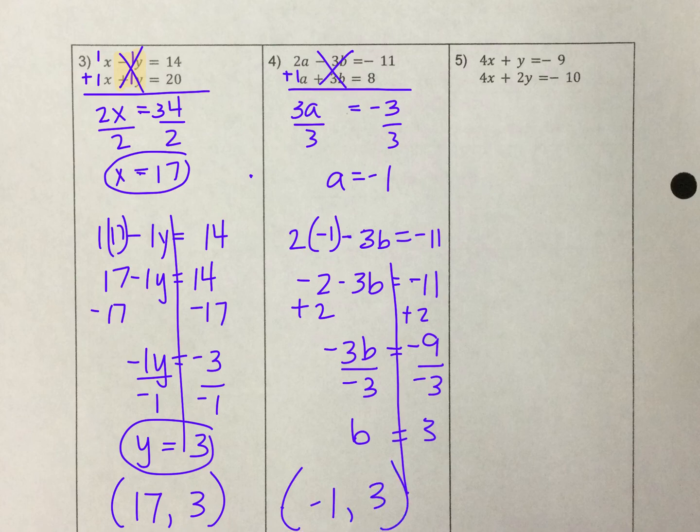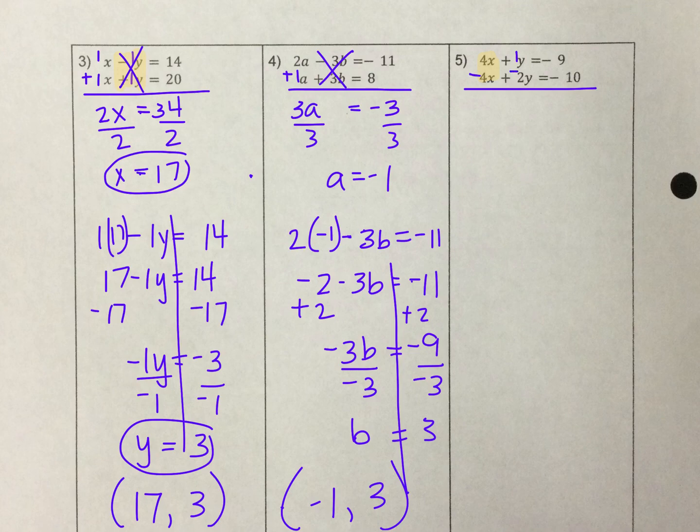All right, last one. Well, nothing is automatically going to mark out. But I do see that there are 4x and 4x. So let's go ahead and make that guy negative. I got to follow the rule.